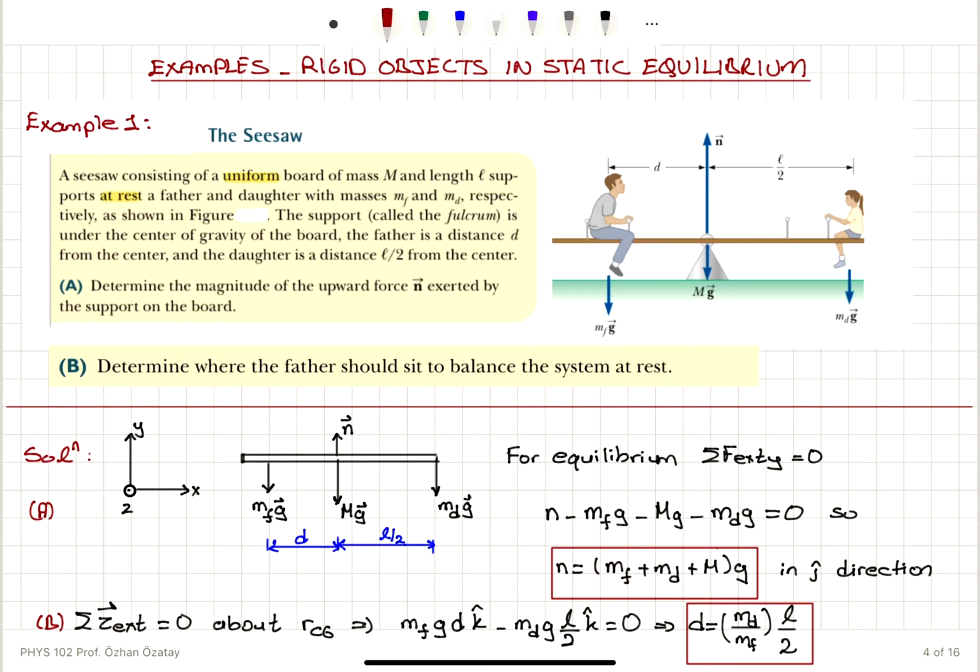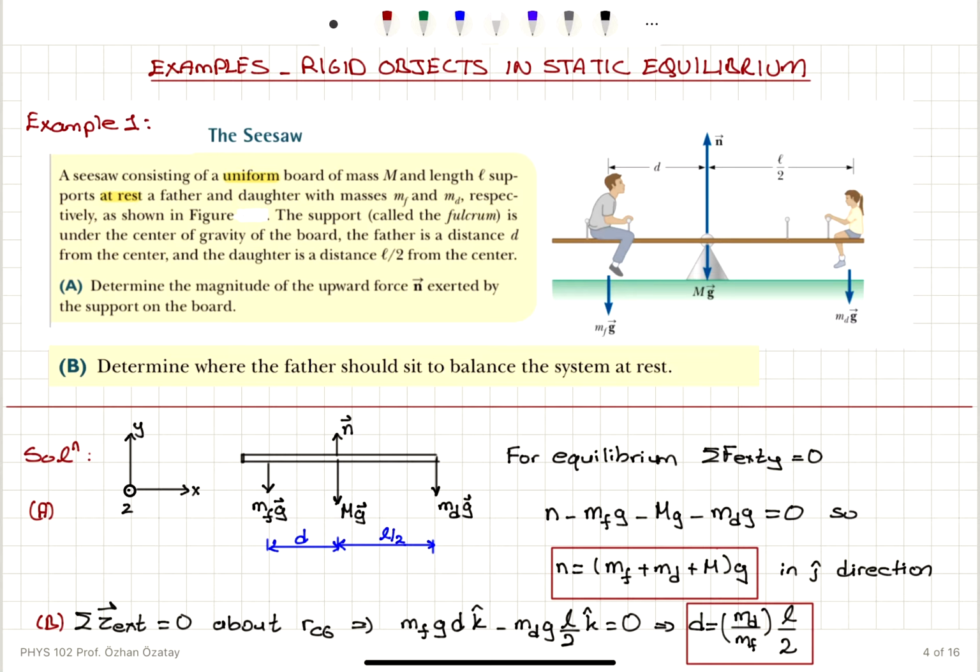Okay, so in this problem we have looked at the seesaw in equilibrium at rest when there is a father and daughter sitting on two opposing sides of the seesaw. The daughter is exactly at the end of the board, but the father is a distance d from the center.